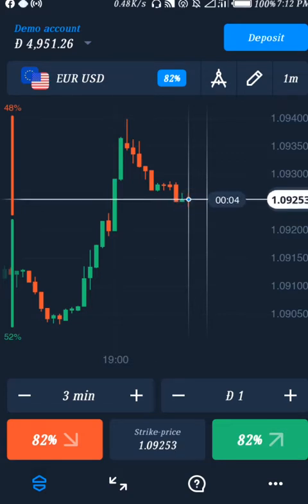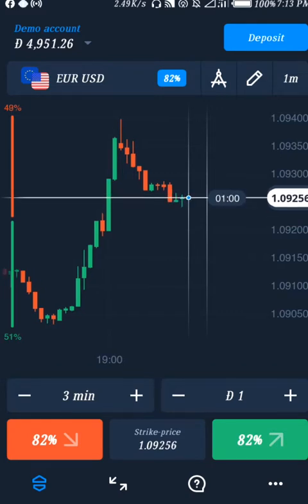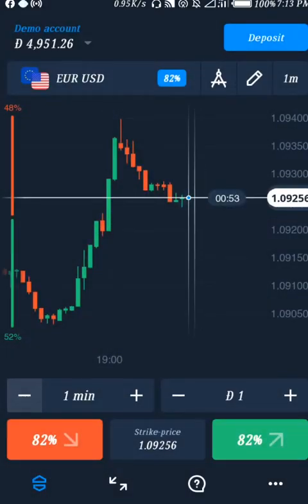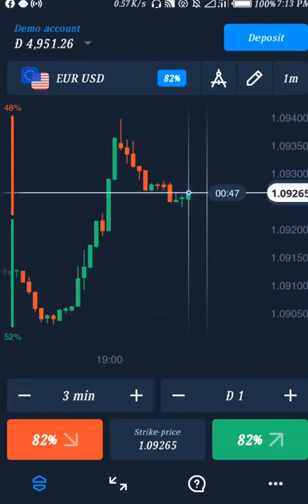Then we have what we call trade expiry. To set up your trade expiry, you can see over here we have 3 minutes. I can easily reduce it by clicking on the minus button or increase it by clicking on the plus button. For our strategy, we'll be using just 2 minutes or 3 minutes, usually 3 minutes.